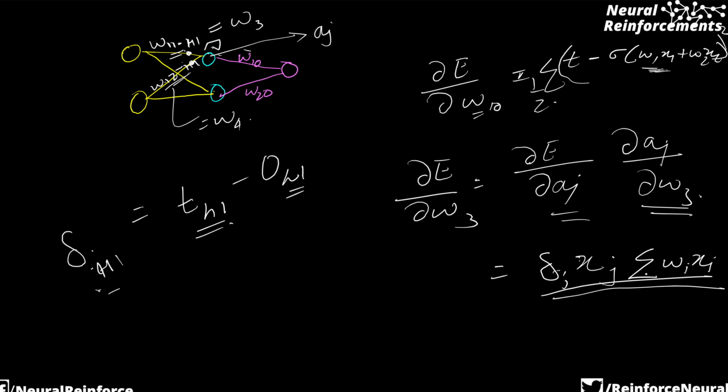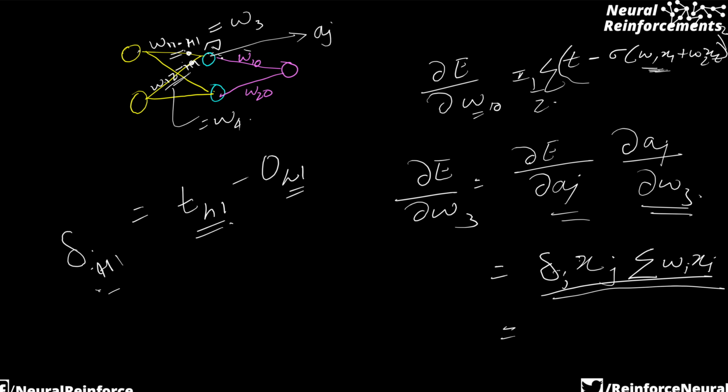Which in turn gave us that for any of these previous layers, we can just take the delta of the node which we computed earlier, and multiply it with the weights coming to it to get the deltas of the nodes previous to it.